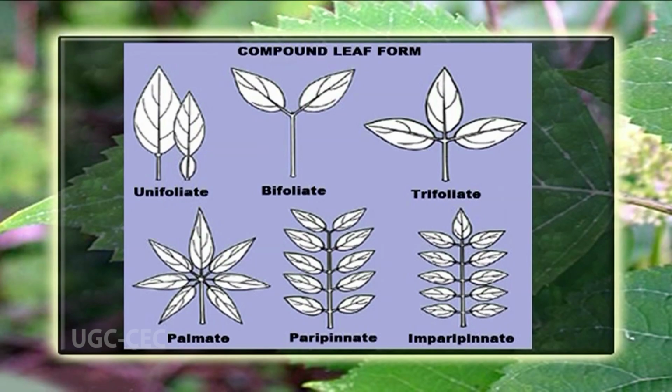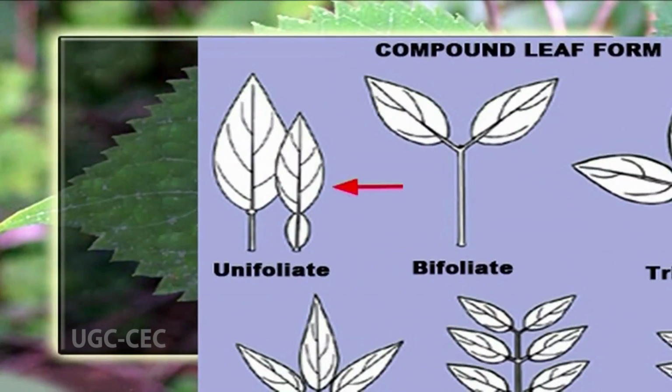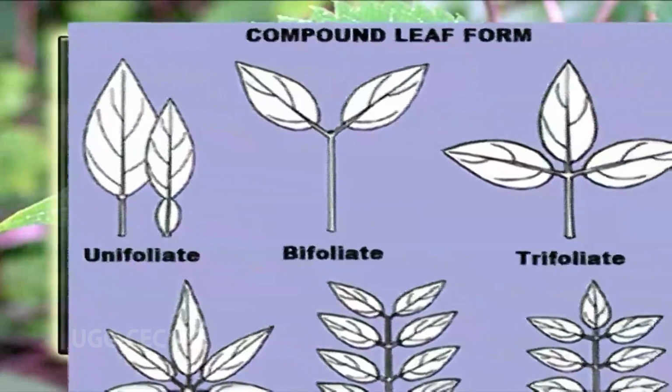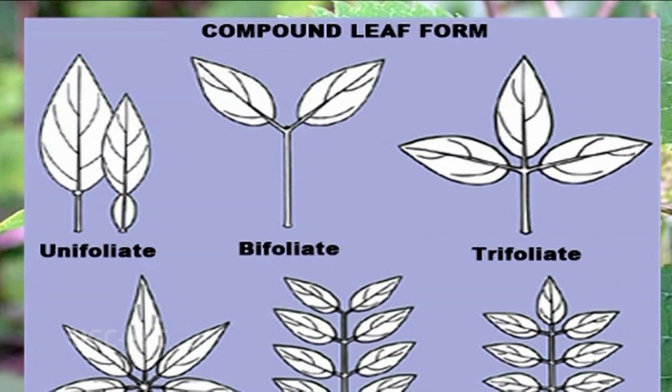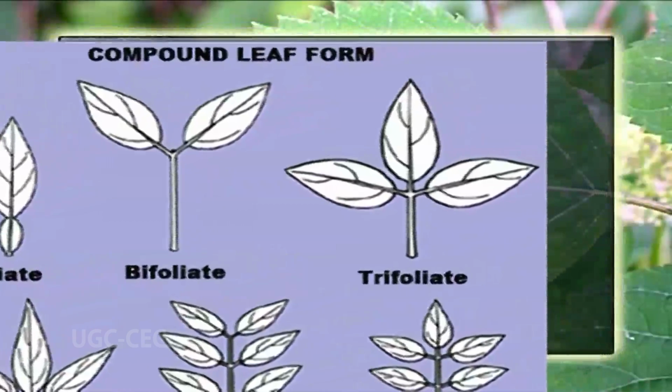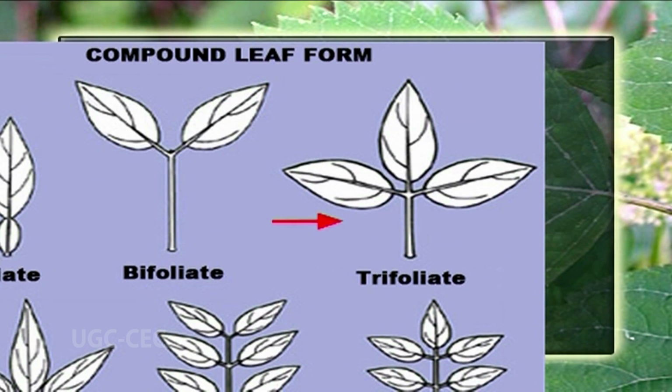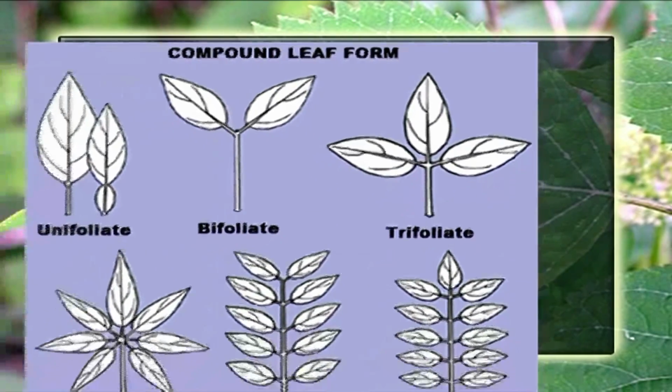Now, unifoliate. A single leaflet is articulated to the petiole, for example in citrus, lemon, etc. Bifoliate. 2 leaflets are articulated to the petiole, for example in Balanites roxburghii. Trifoliate. 3 leaflets are articulated to the petiole, for example Aegle marmelos.